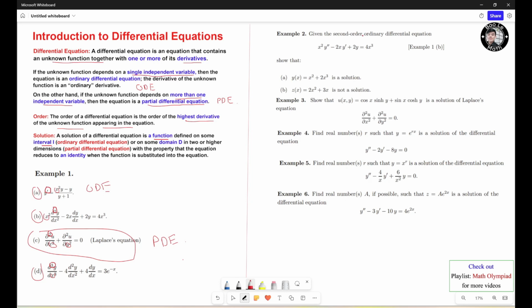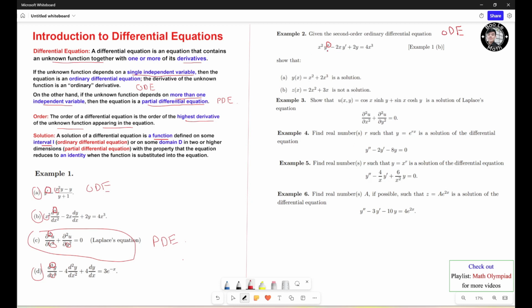Given the second order ordinary differential equation, so this is ODE. Second order means we have the second derivative. Now, we need to show that the function y equals s squared plus 2s cubed is a solution.